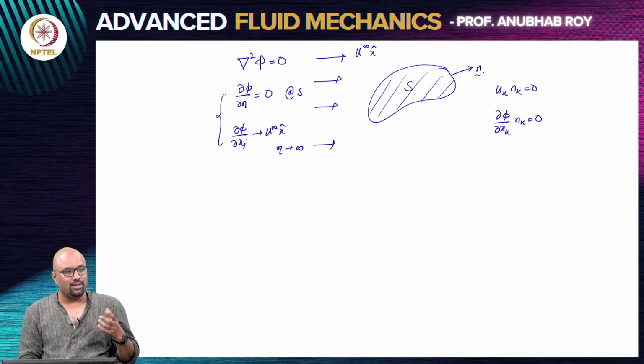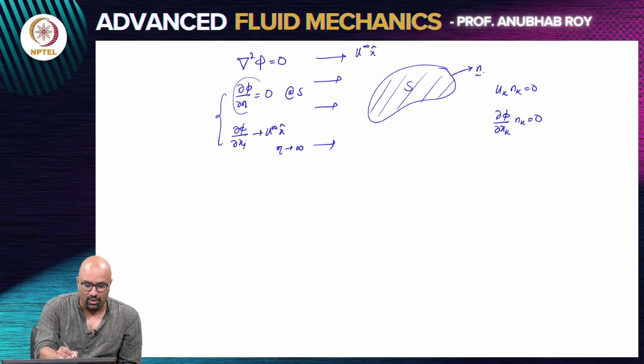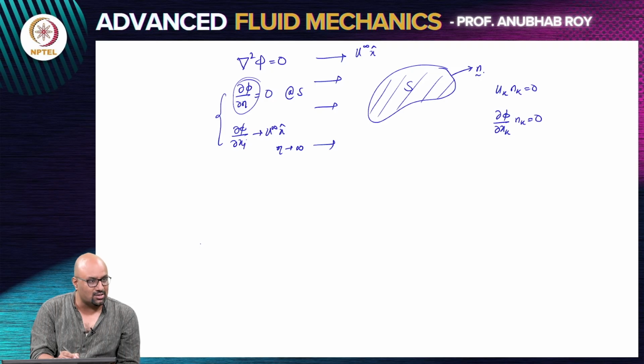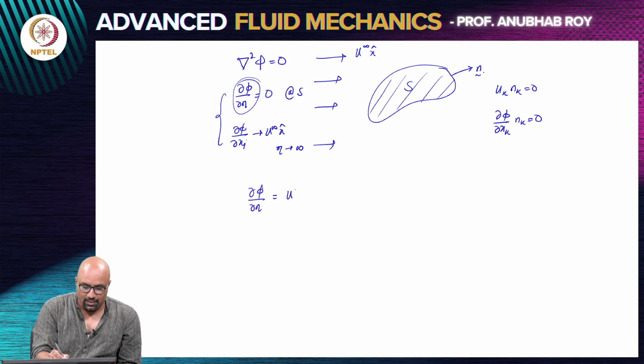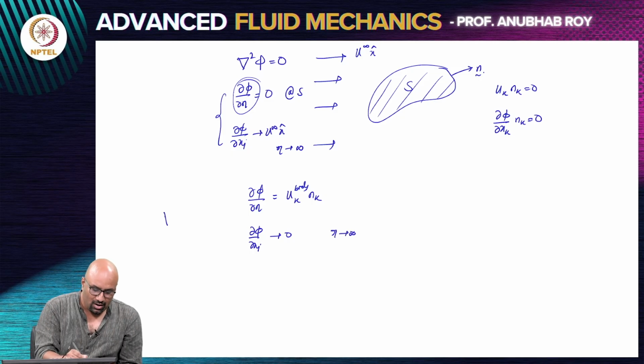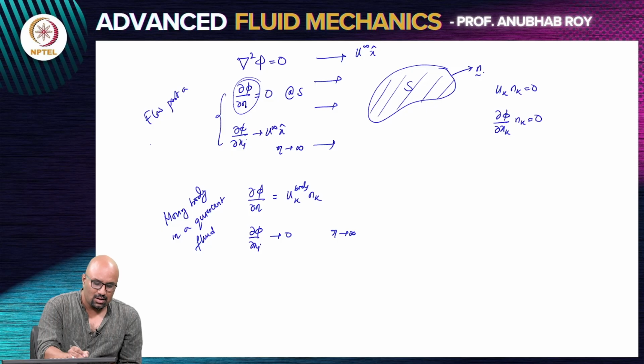If you are doing a problem where the object is translating and infinity is at rest, then in that particular problem you are going to equate ∂φ/∂n to the normal velocity on the solid surface. So, if you say the body is moving, then this is going to be equal to u_body,k n_k, and ∂φ/∂x_i should actually go to 0 as r goes to infinity. This is for a moving body in an otherwise quiescent fluid, and this is flow past a stationary body.